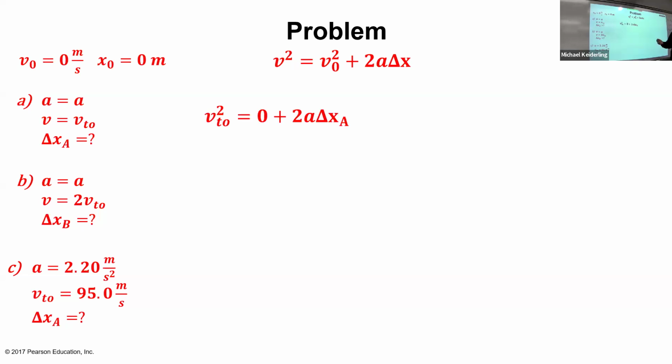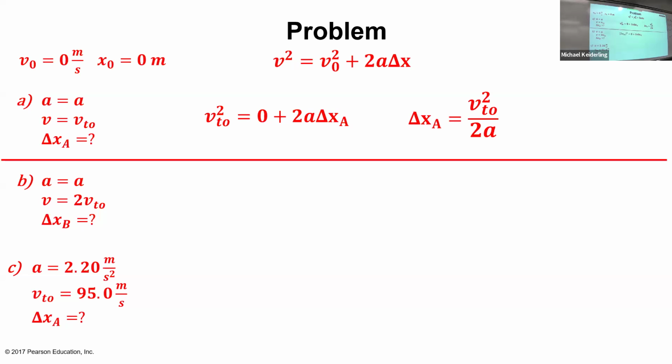So if we plug in our numbers, we have v takeoff squared equals 0 plus 2 times acceleration times delta xa. And so we can ignore the 0. We divide both sides by 2a. We get delta xa is v takeoff squared over 2a.